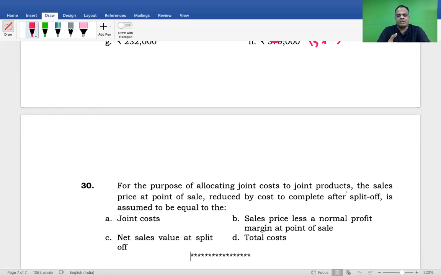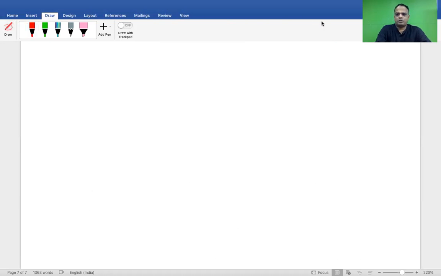Sales value at the split off point. C is the answer. That's all, understood? Yes, sir. Good. So joint product and byproduct are also manageable. Good.